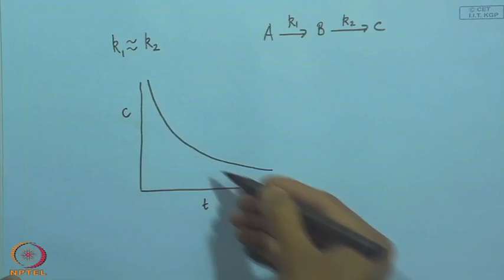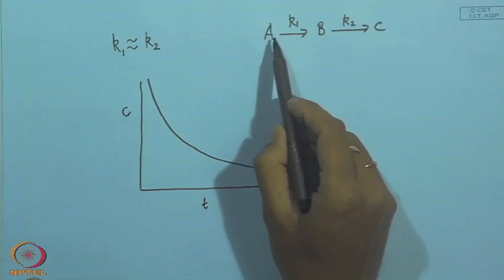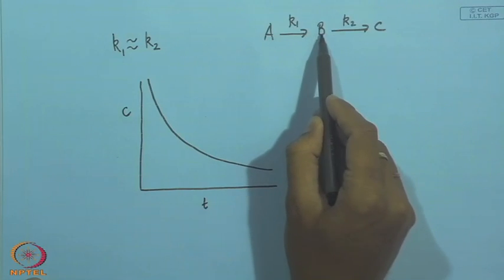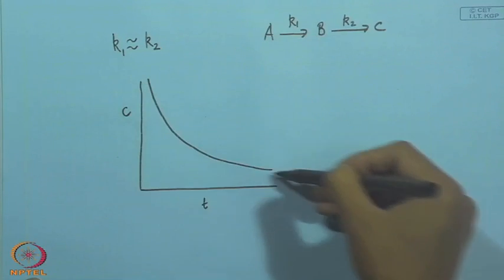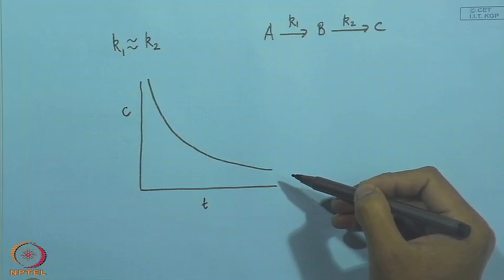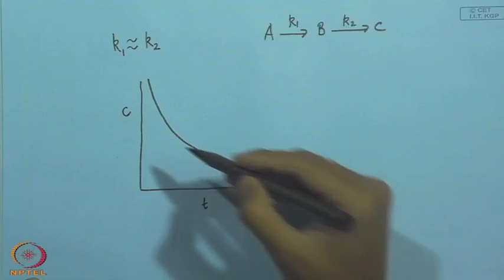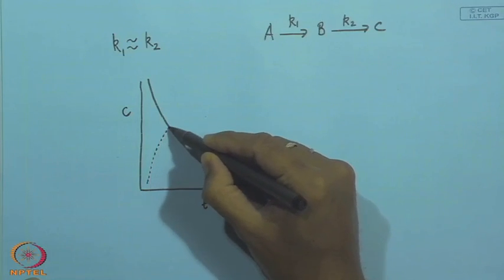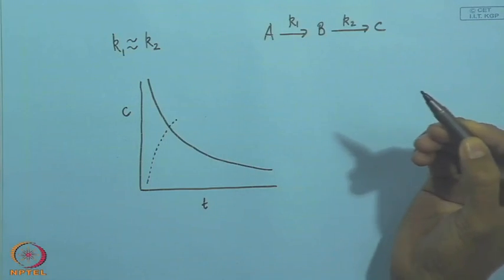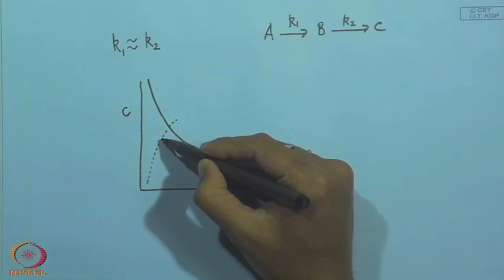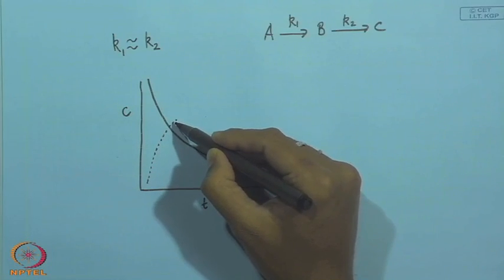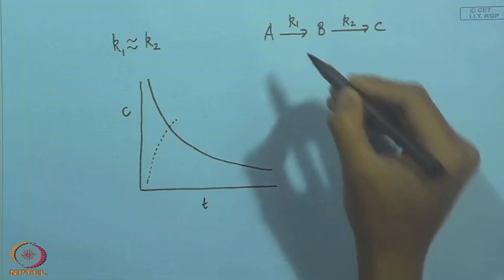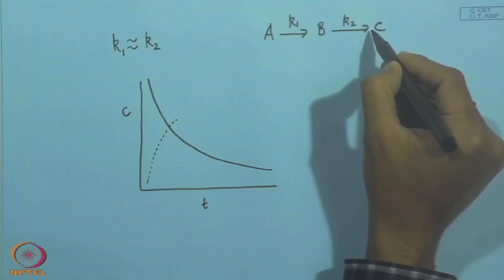It is depleted to B in first order kinetics, therefore it is always decaying like this. Okay? And your B is growing. It will grow, but after it has grown to a certain concentration, the second reaction becomes appreciable.